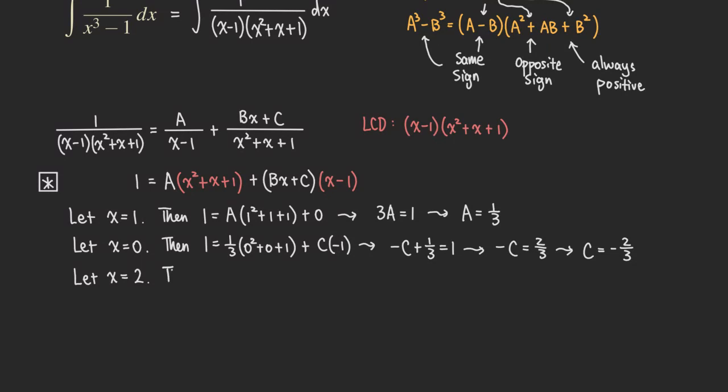Then what do I get here? I get 1 is equal to, now a is 1/3, so I'm just going to get 1/3 here. And then I plug in the 2 in there, so I get 4 plus 2 plus 1, right? I'm just substituting the 2 into all the x's that I'm seeing.